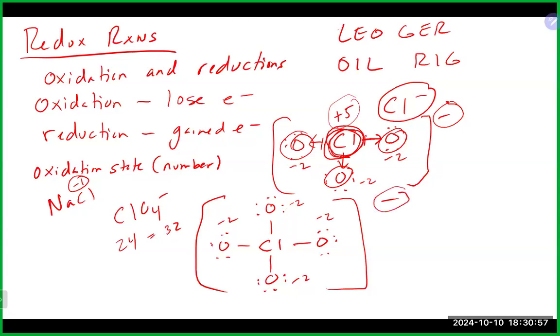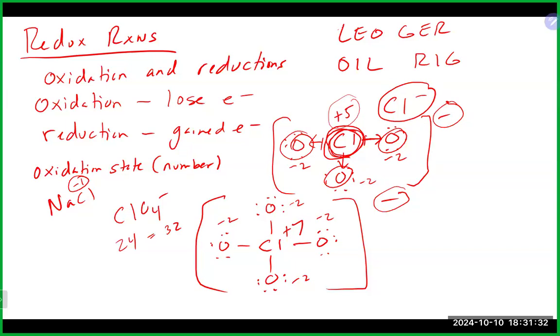Overall charge is -1. The chlorine here gets even more positive. It actually has a +7 oxidation state because it has the extra oxygen sucking electrons away from it and making it more and more positive. So it depends on what those elements are attached to as to what their oxidation state may be. And again, when you're looking at something that is sharing electrons, the oxidation state may not be the same charge that you associate with that element when it's in an ionic compound. Any questions on that?